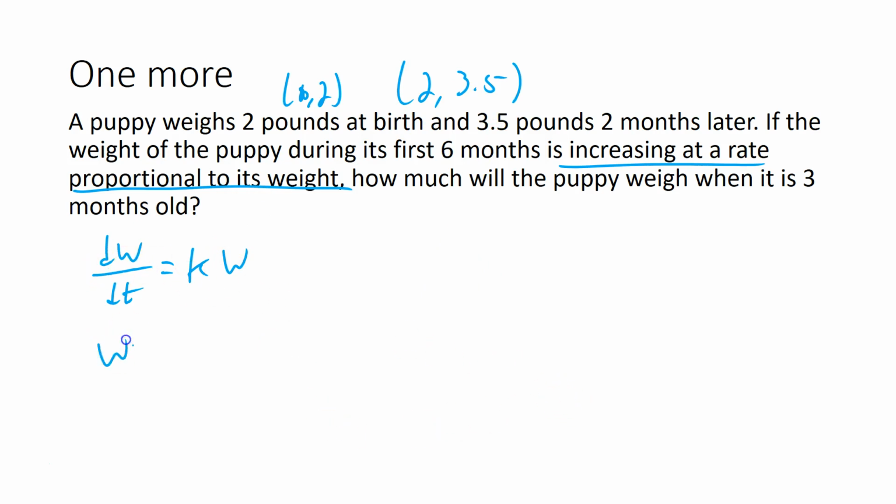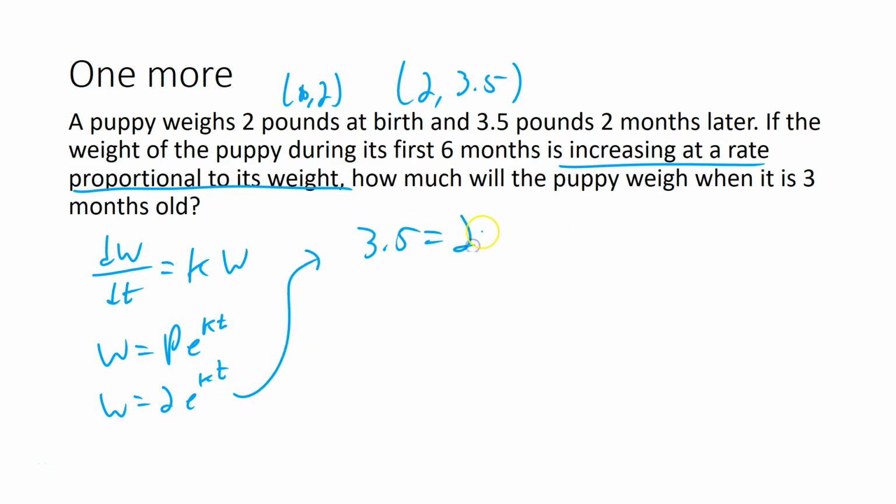So W is going to be equal to Pe^(kt). We don't have to actually solve it because it's the same every time. So we plug in what we know. We have 0, 2, so P is 2. W is 2e^(kt). They tell us it's 3.5 pounds 2 months later, so it's 3.5 pounds when t equals 2.